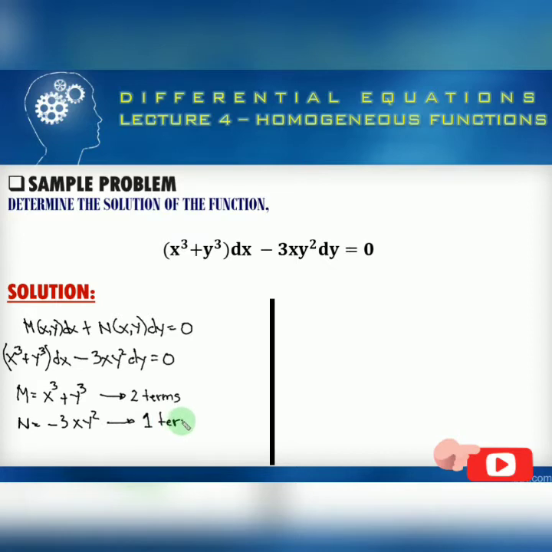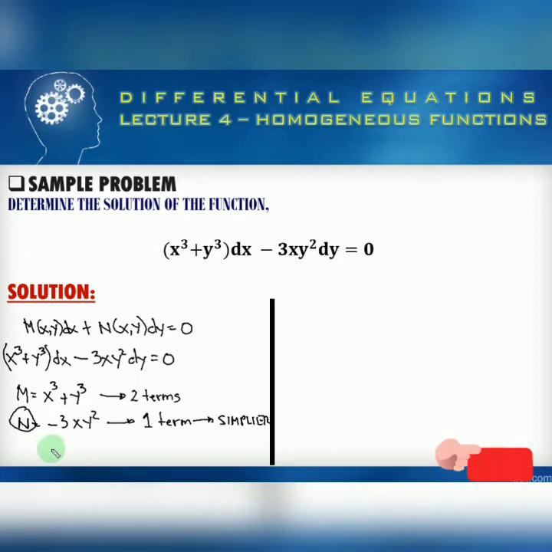So we may say that N is simpler, and we opt to use it because it is only one term. N is simpler than M.